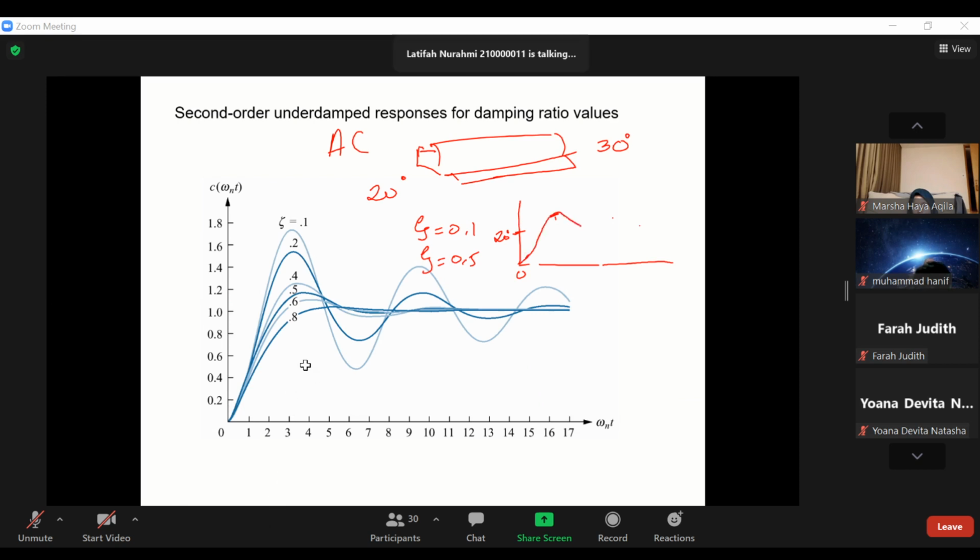Good, and it will not oscillate too much. So this one fits my system well, so I will choose zeta 0.5. This is the physical meaning of zeta, from 0.1 up to 1.